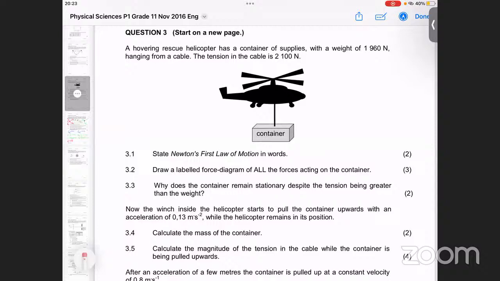The tension in the cable is 2,100 newtons.